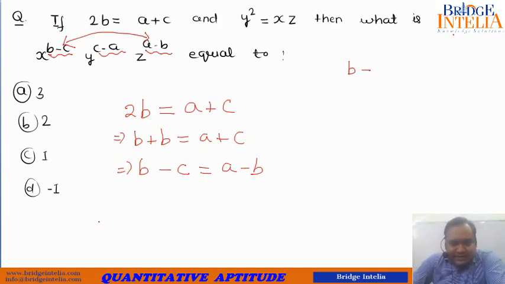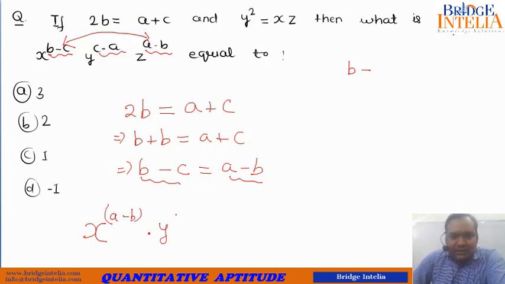So now you can realize that it is asked what is the value of this expression. Instead of x to the power b minus c, now b minus c is equal to a minus b. So I can write x to the power a minus b into y to the power c minus a into z to the power a minus b.